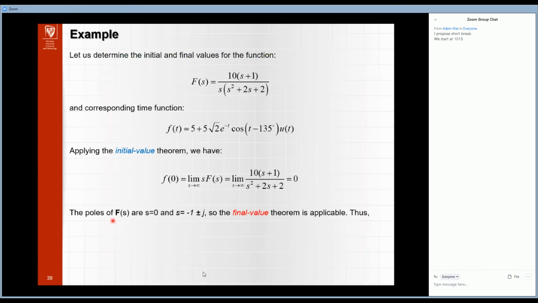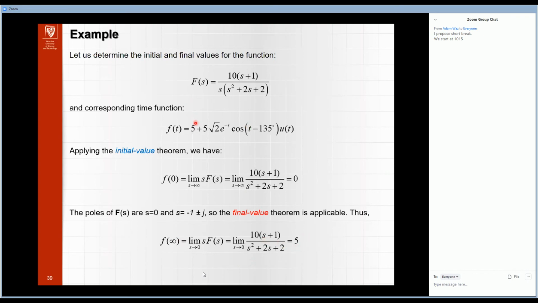And the poles of this function are on the left side of the s plane. In the next week I will talk more about it. So the final value theorem is applicable. We know that in the steady state, at time equal infinity, we obtain the value equal 5.